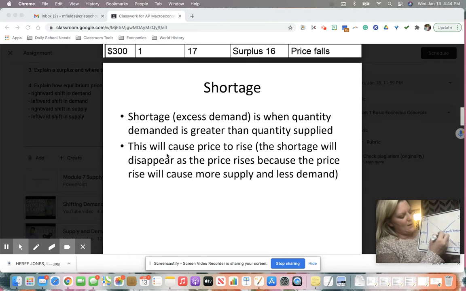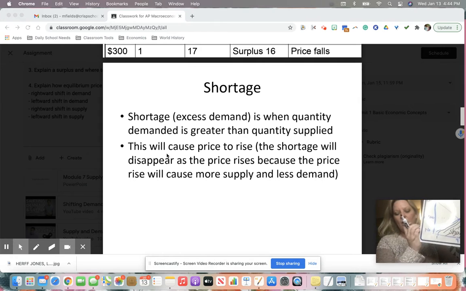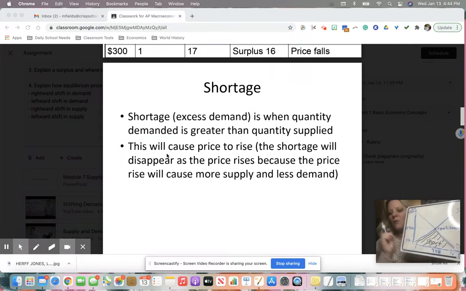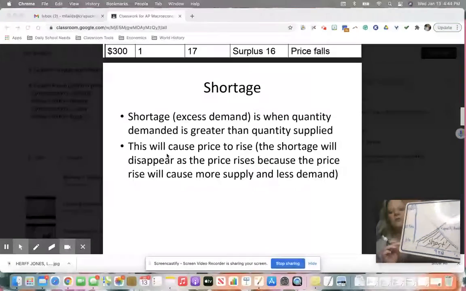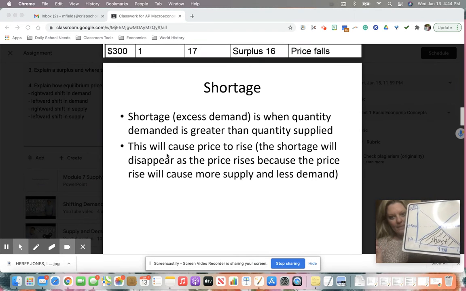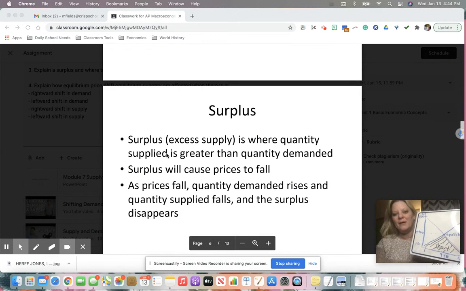So anywhere in this triangle down here, we call that a shortage because the quantity demanded below that price of $200 will be greater than the quantity supplied. So if there's more demand than there is supply, then we have a shortage of that good or service.